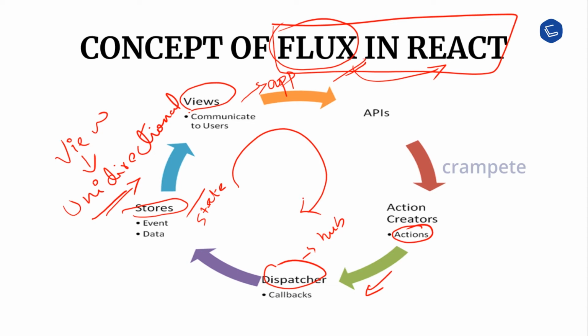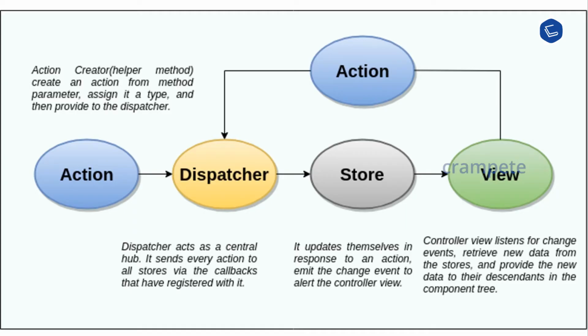Let me explain a little more briefly how the flow happens. Here you should not be confused with the MVC model. Although controllers exist in both, in Flux, the controller views are found at the top of the hierarchy.